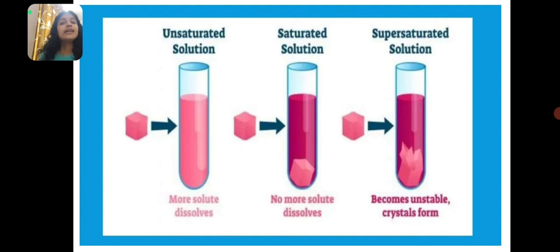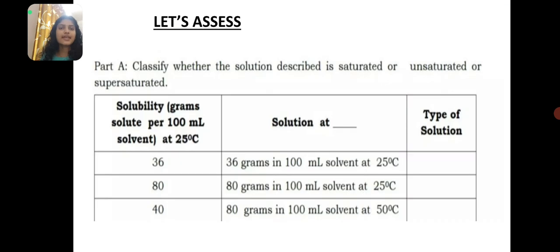Now let us assess with a question. Here is a question given for you. Classify whether the solution described is saturated or unsaturated or supersaturated solution. So coming to the first question, the solubility given at 25 degrees Celsius is 36 and the solution is at 36 grams in 100 ml solvent at 25 degrees Celsius.